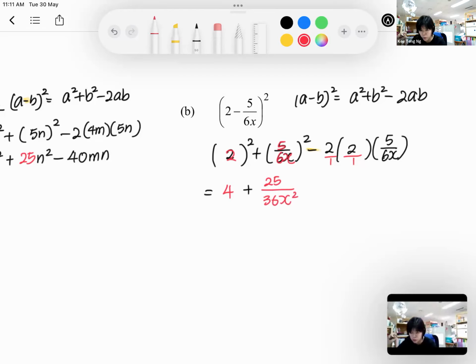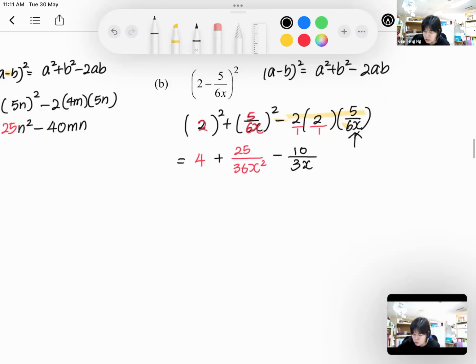You must remember to square the individual components. All right, then the next part we'll do multiplication. 2 times 2 times 5 over 6 gives me 10 over 3, not forgetting the letter x over here. So this one will be your answer.